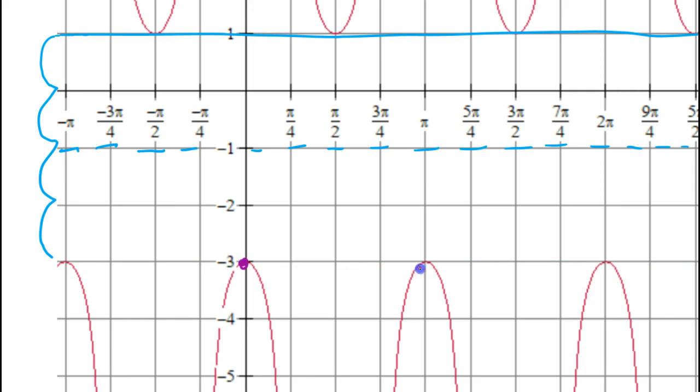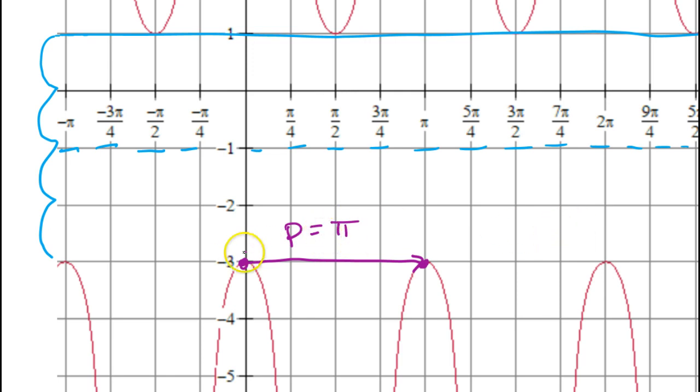I could pick any pair of peaks or valleys I want to figure out the period. But this one is right at 0, and then the next one's at pi. So that makes it easy to tell what the period is. It clearly goes from 0 to pi. So that means that the period is simply pi.